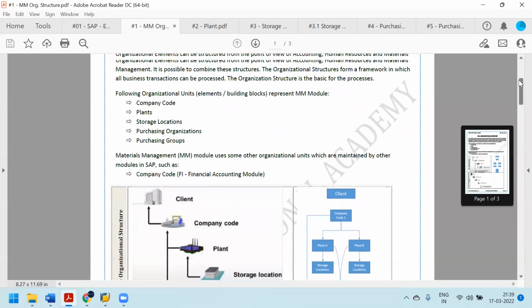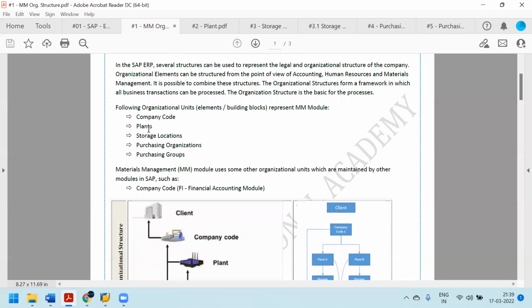So from the MM point of view, plant is the highest organizational unit we have. There are a total of 4 organizational units in MM: plant, storage location, purchasing organization, and purchasing group.